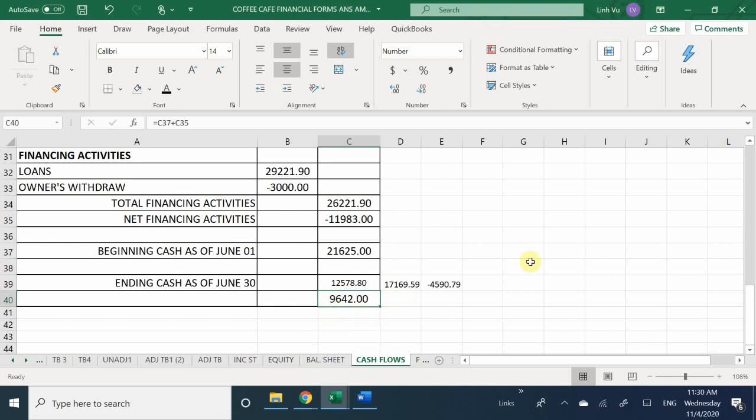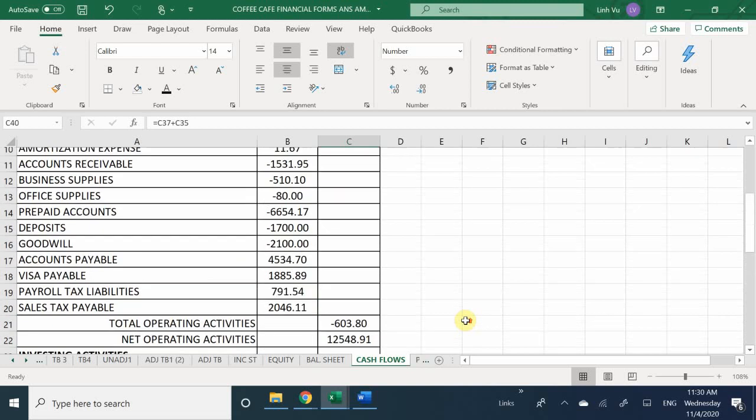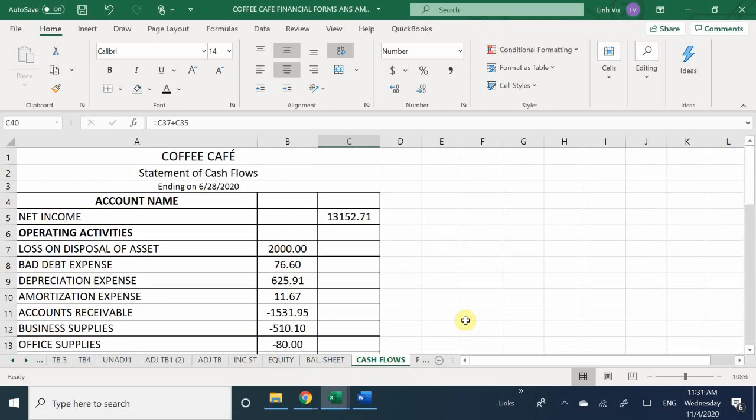So I'm missing some kind of money somewhere. This is one of the harder ones to understand. If you look it up on YouTube and try to get more information on how to create the cash flows, what you're actually looking at is the difference and the change between the accounts. You're converting your accrual basis into cash basis.